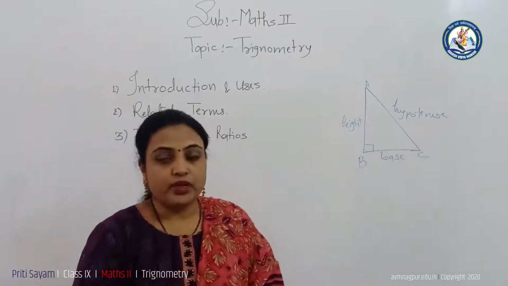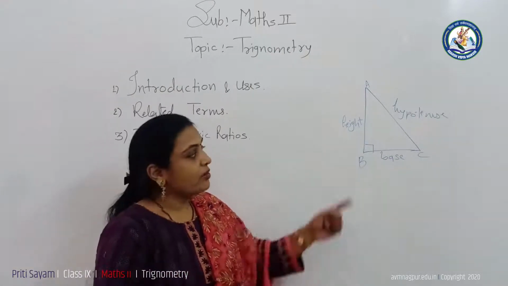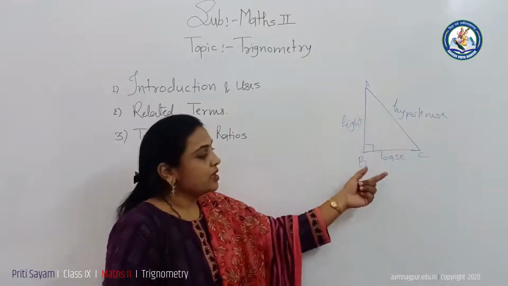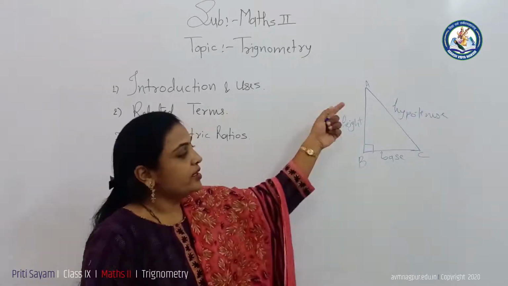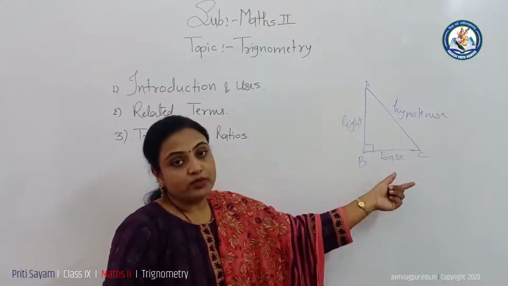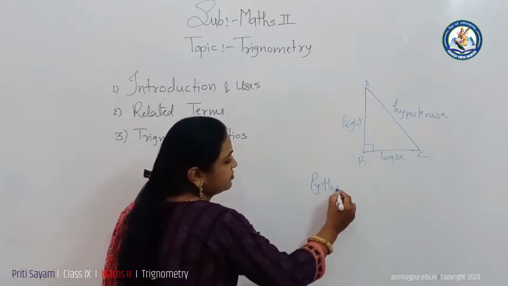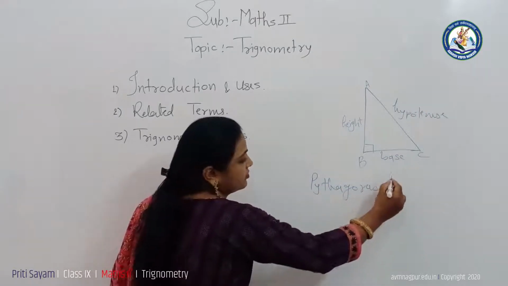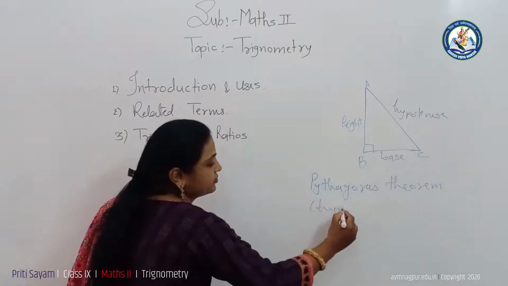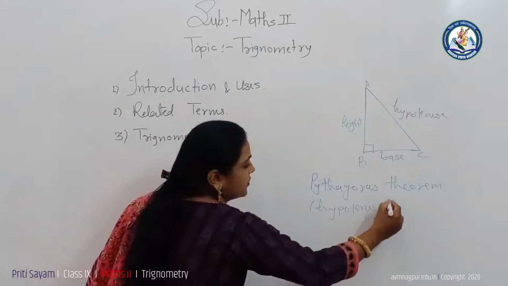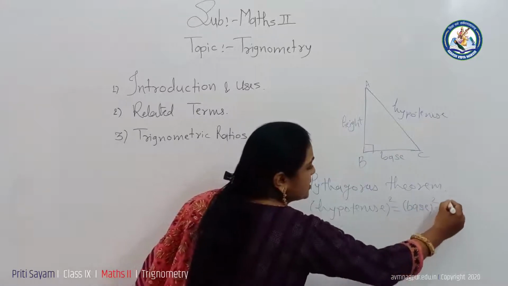Now the Pythagoras theorem. What does the Pythagoras theorem say? The square of the hypotenuse is equal to the sum of the squares of the base and its height. Or we may say that hypotenuse square is equal to the sum of the squares of the remaining two sides. So, hypotenuse square is equal to base square plus height square.